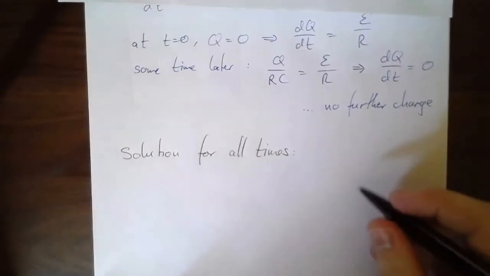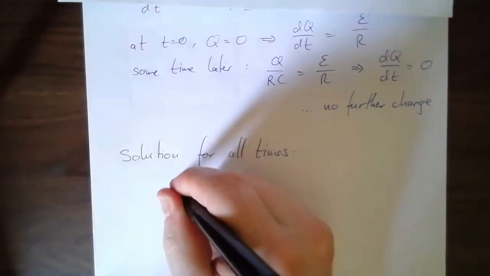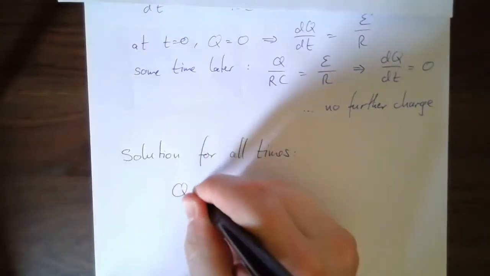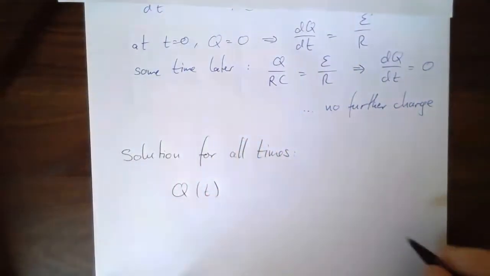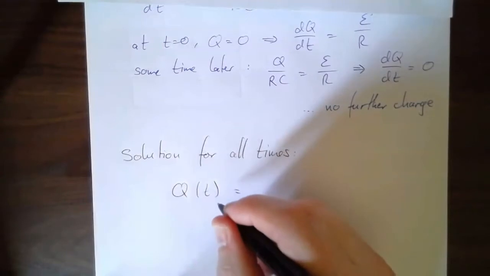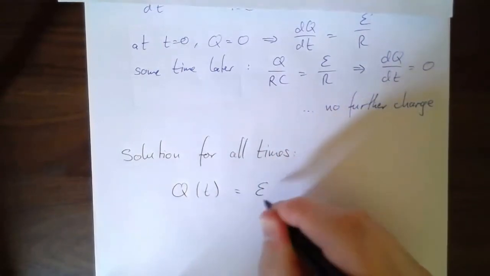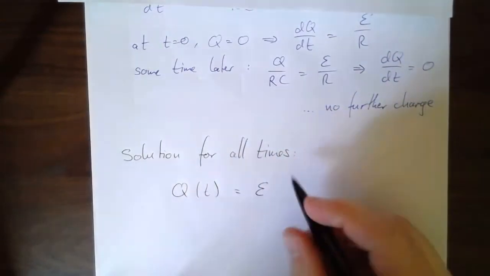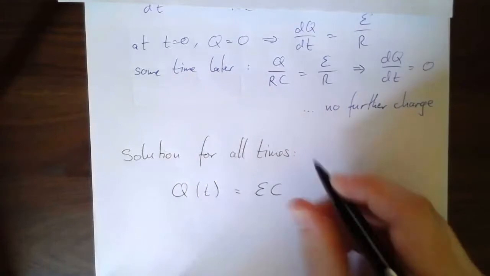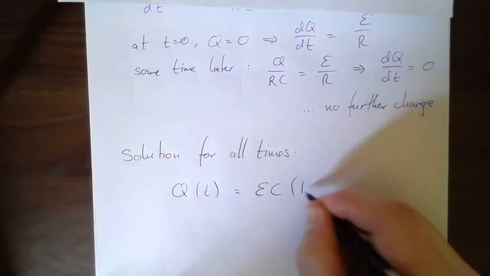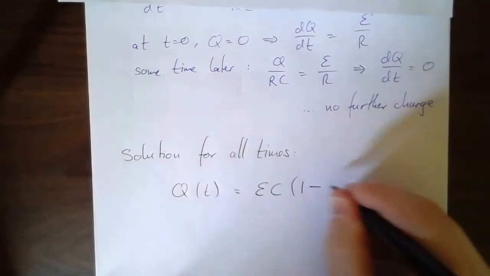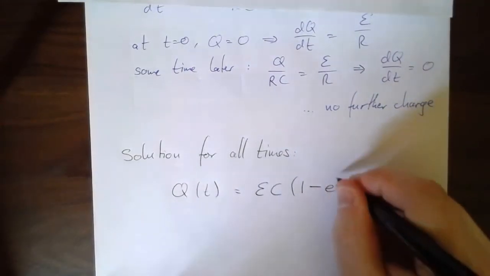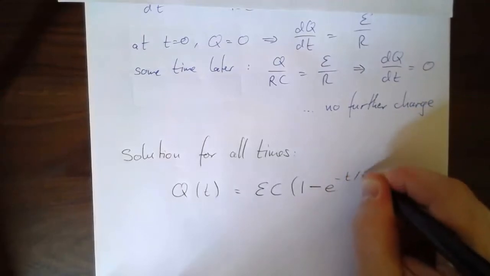The solution to this one is that Q as a function of time is equal to the voltage provided by the battery times C, and then it's not e to the something, but it's 1 minus e to the minus t over RC.